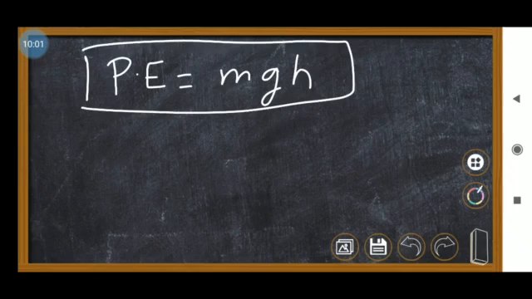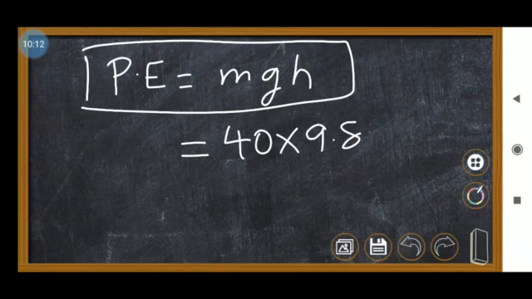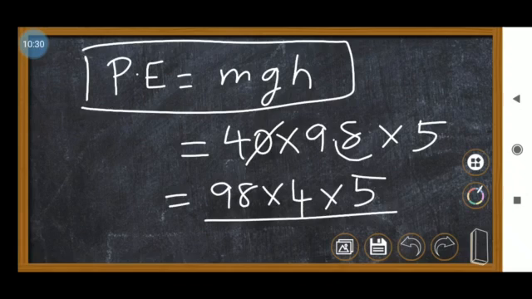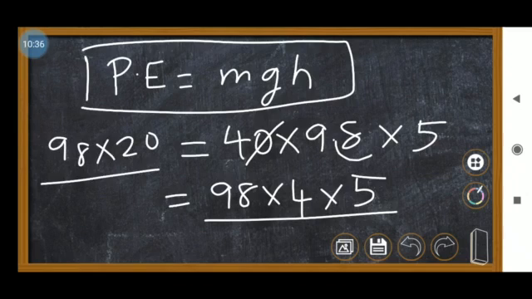Whenever you raise any object to a certain height, that much energy is attained by that object. Mass is 40 kg, g equals 9.8, and height is 5 meter. You have to multiply all the values. For 9.8, the decimal point will go, so 98 into 4 into 5. 4 5s are 20, so we multiply 98 into 20. 8 2s are 16, and 9 2s are 18 plus 1 is 19, and that 0, so 1960.